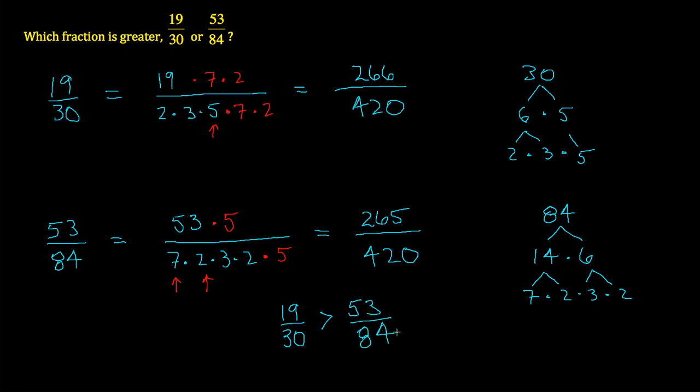And so that's our most reliable strategy going forward, which is finding a common denominator for the two fractions and then just comparing the numerators. Essentially, that's all there is to it, and I'm out of time.